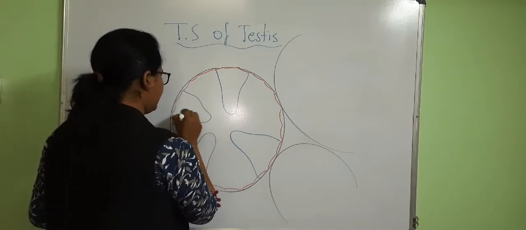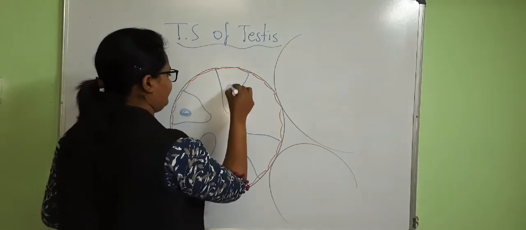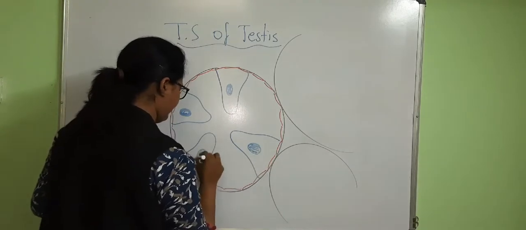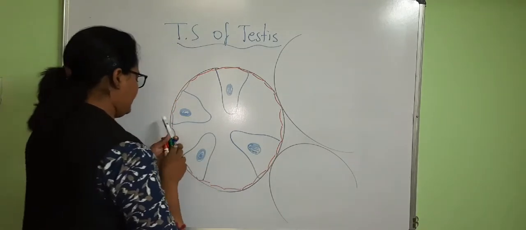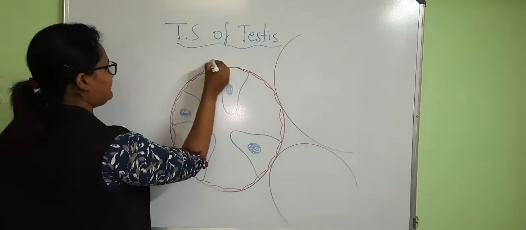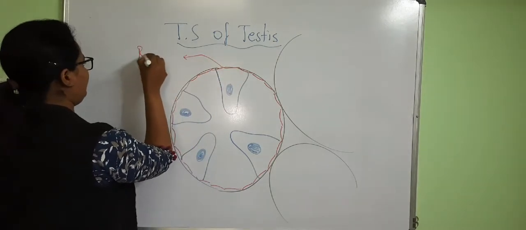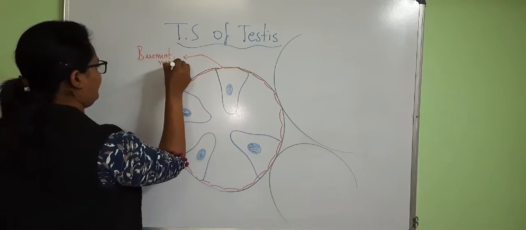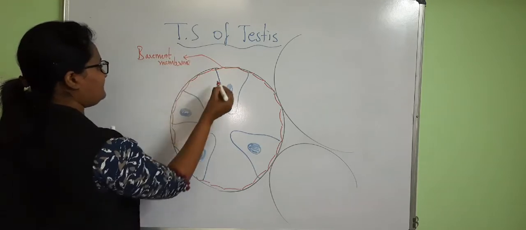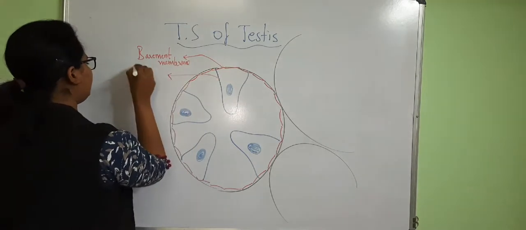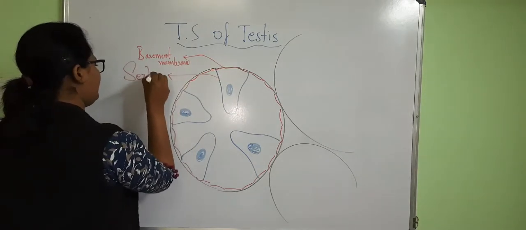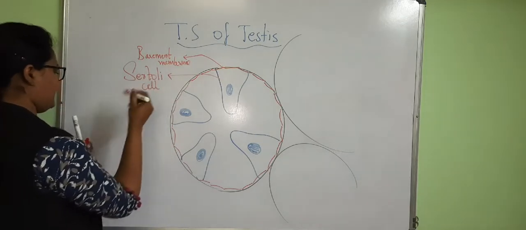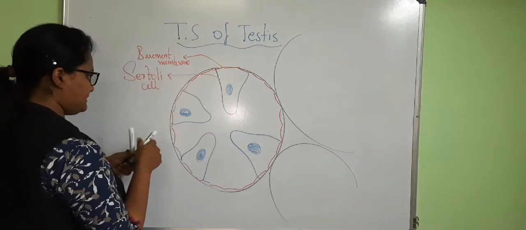One cell is bigger in size, so we label at the same time. So basement membrane, and this is Sertoli cells.